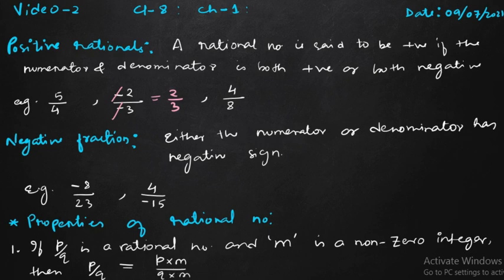That means if we multiply a non-zero number in the numerator and the denominator, then the fraction stays the same, or we can say the two fractions will be equivalent fractions.